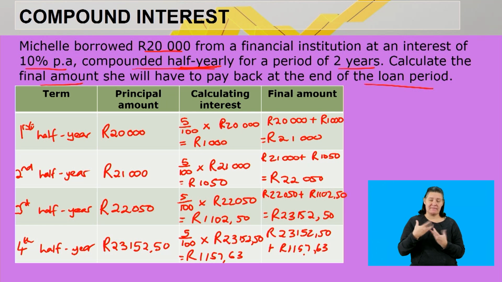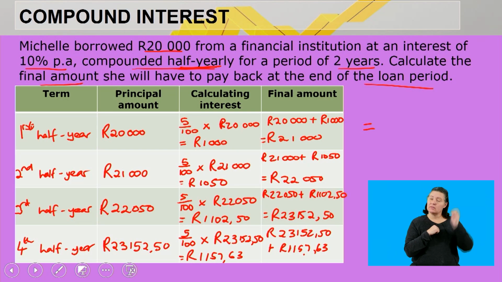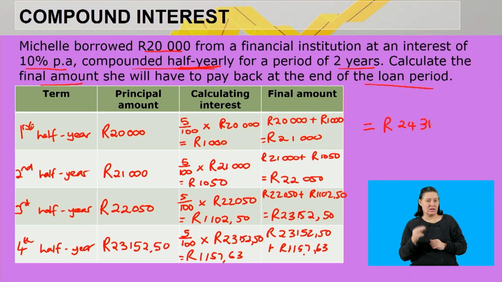So that will give me, let me add the two amounts together. And I'm going to write it here for you. So in total, the lady Michelle will have to pay back 24,310 rand and 13 cents, if I round it off correctly.